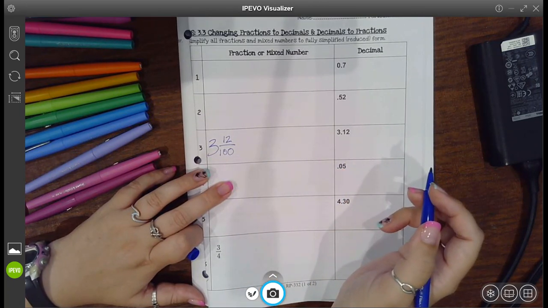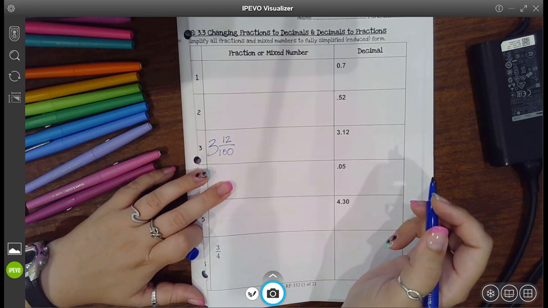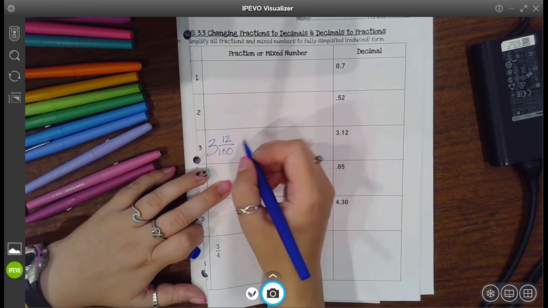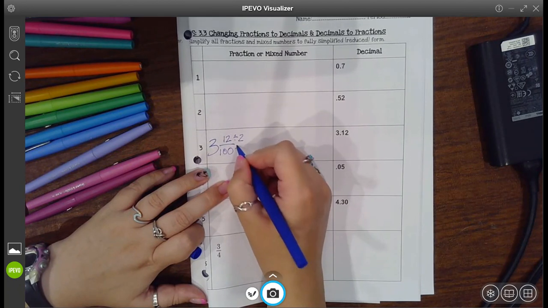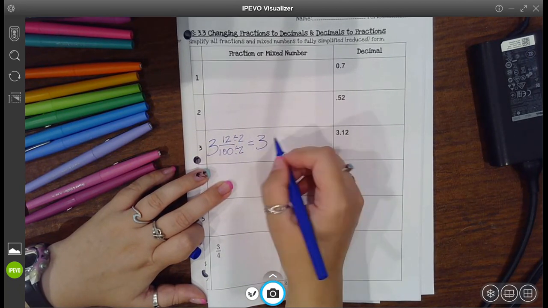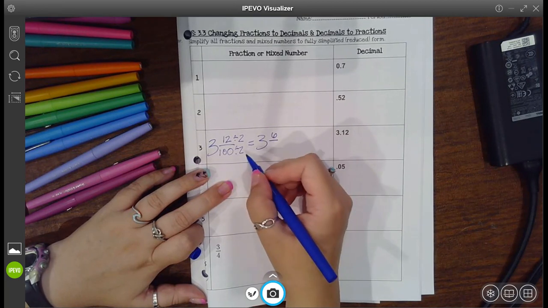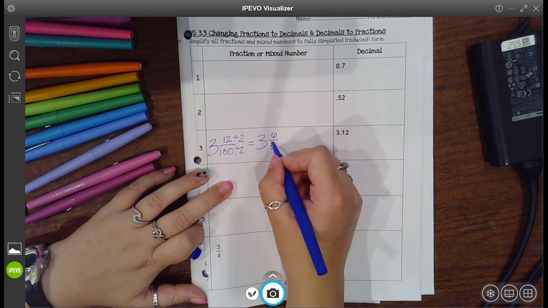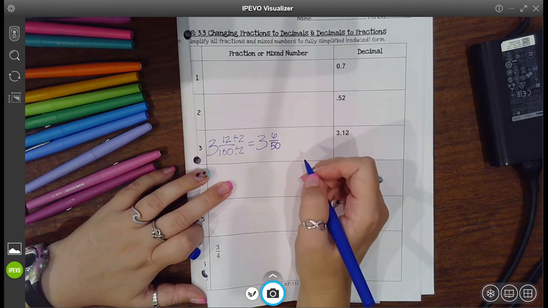So now that I have that, I just look to see if I can reduce it. Well, they're even, so I know that 2 can go into both. Okay, so 3 stays 3 out in front, but 12 divided by 2 is 6, and 100 divided by 2 is 50. Okay, am I done?